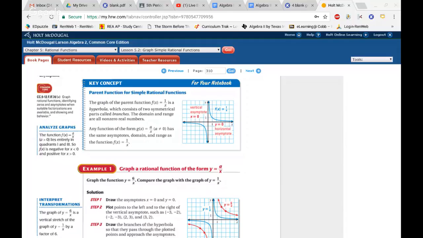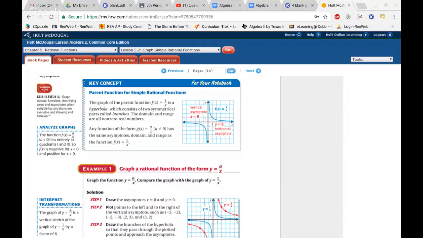Basically, on a rational function, you'll see that 5.2 and 5.3 cover rational functions. The reason for that is they want to start very simple, which they do in 5.2. We talked about a rational function very briefly when we did parent functions back before break.